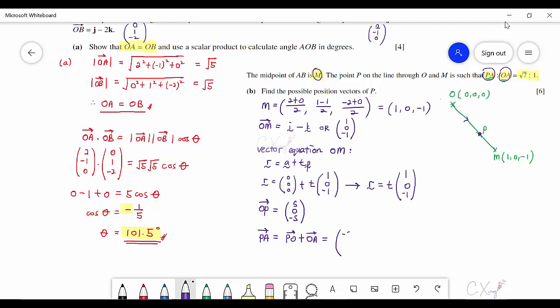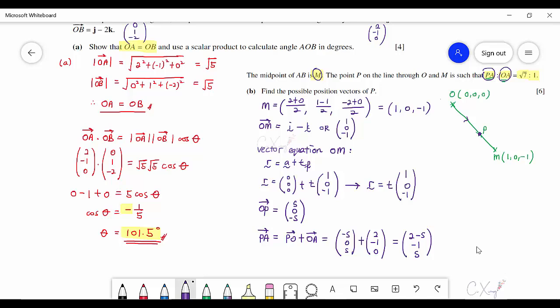PO will be (-s, 0, s). Then OA is actually (2, -1, 0). When you add them together, the PA that you get should be (2 - s, -1, s). This is your PA.